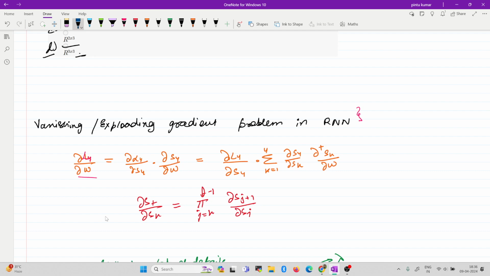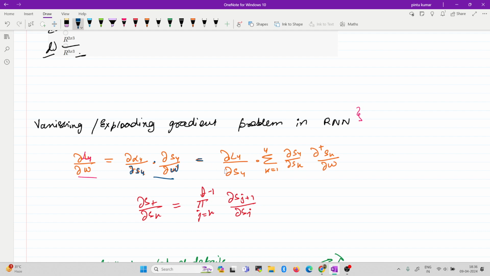This is the task at hand. Using the chain rule, it can be written as del L4 by del S4, multiplied by del S4 by del W. This is the simple chain rule that you have done in many different contexts in this course.